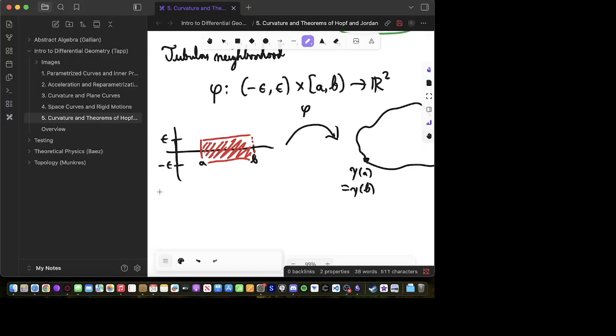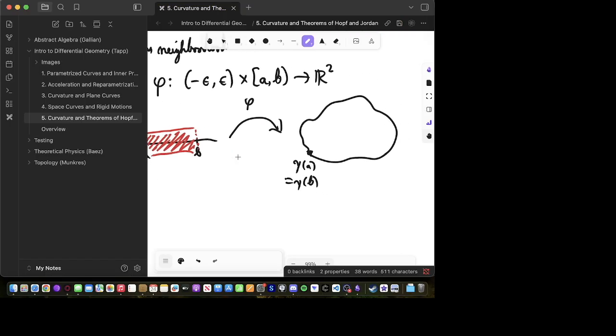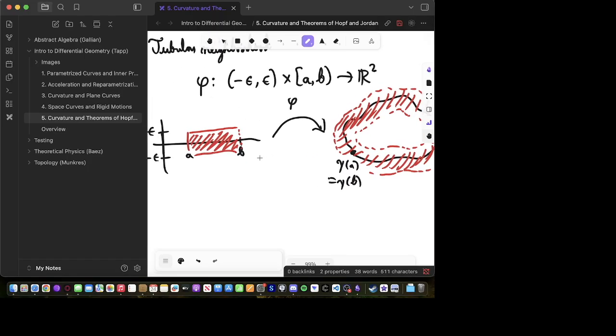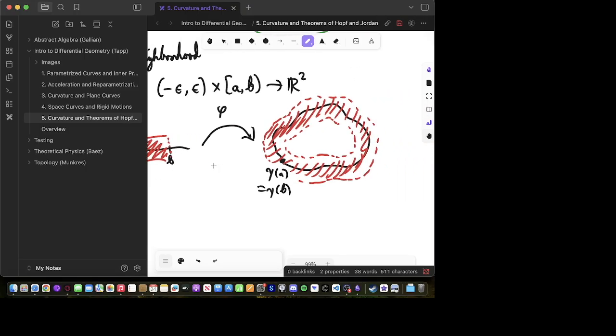Oh, the top and bottom should be dotted, but just ignore that. And they should be of uniform length, but my drawing skills are not up to par, so this is a tubular neighborhood. We are mapping a rectangle on the Cartesian plane to a curve like so.